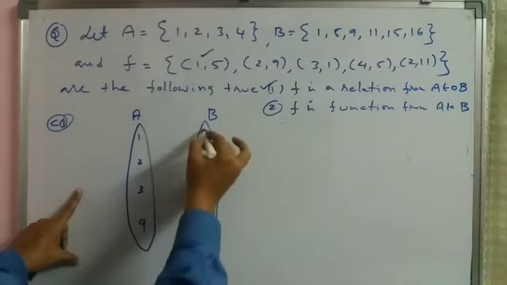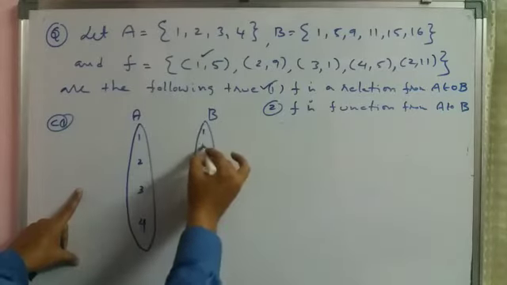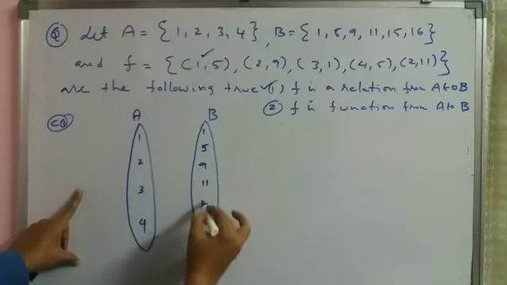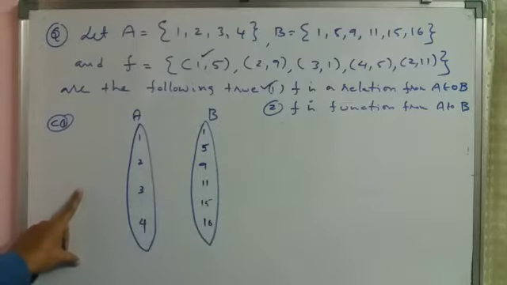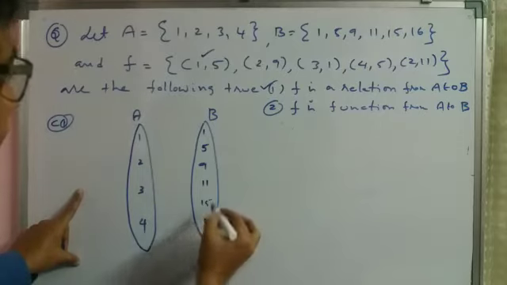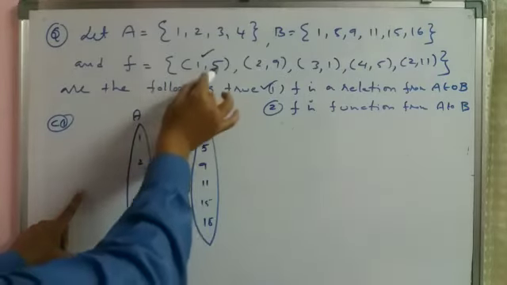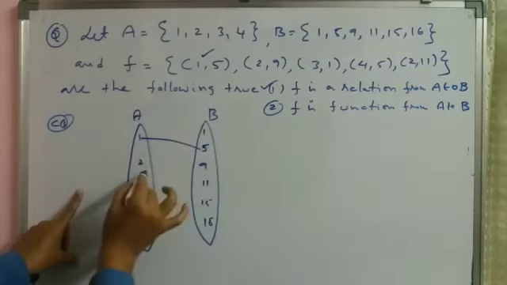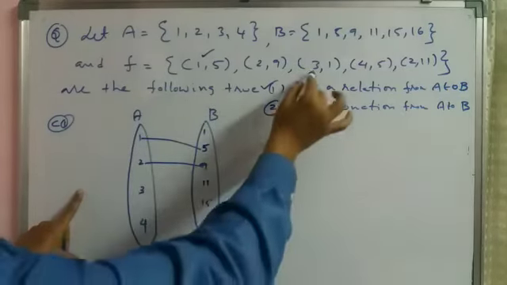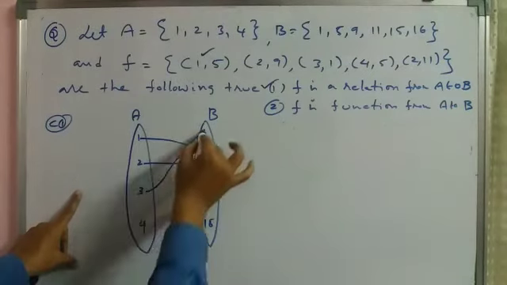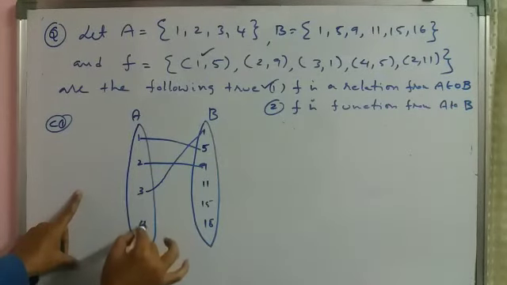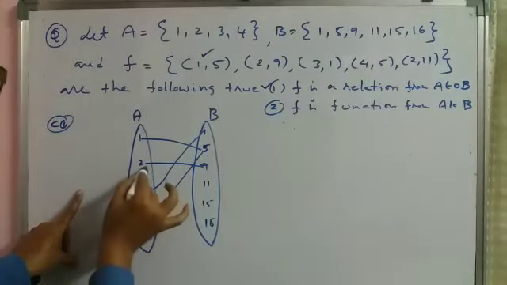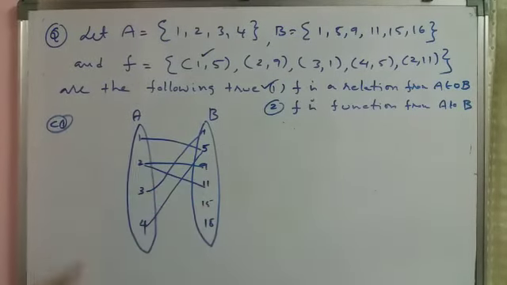Set B elements are 1, 5, 9, 11, 15, 16. Now f is given: the image of 1 is 5, the image of 2 is 9, the image of 3 is 1, the image of 4 is 5, and the image of 2 is 11.